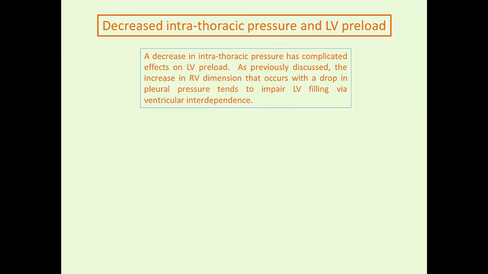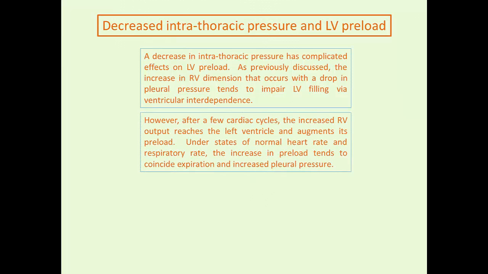Decrease in intrathoracic pressure has complicated effects on LV preload. As previously discussed, the increase in right ventricular dimension that occurs with a drop in pleural pressure tends to impair LV filling via ventricular interdependence. After a few cardiac cycles, the increase in RV output then reaches the LV and augments its preload.